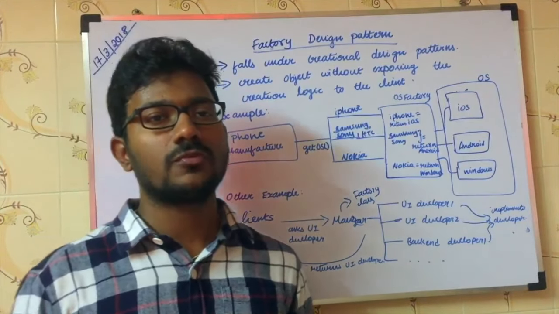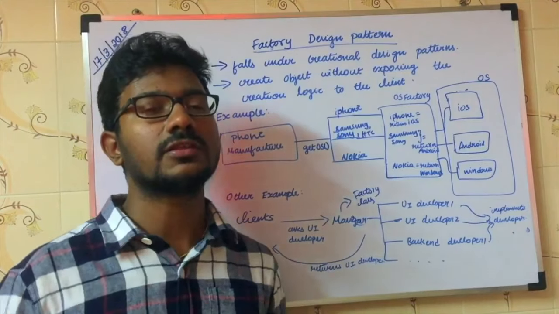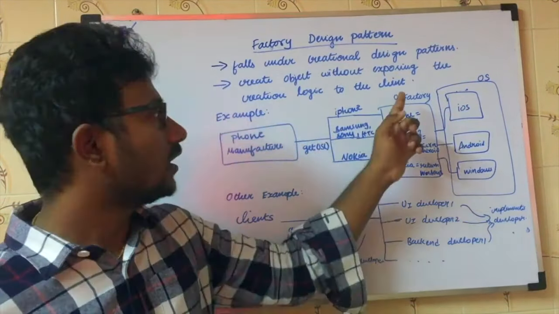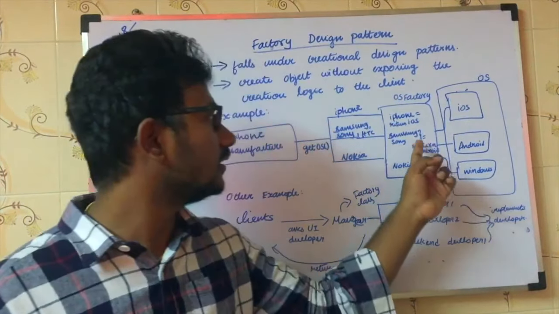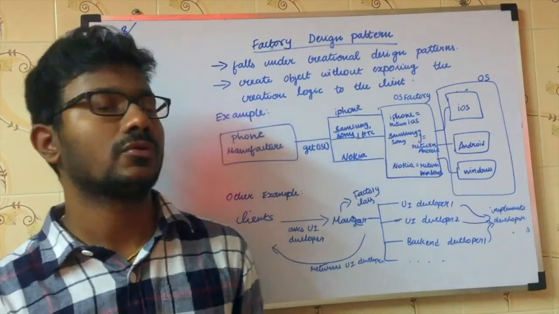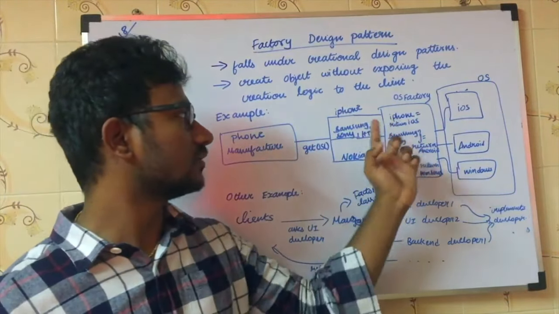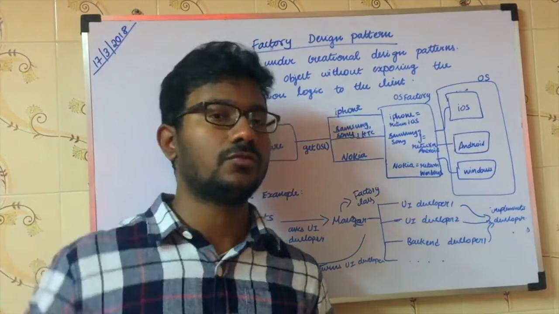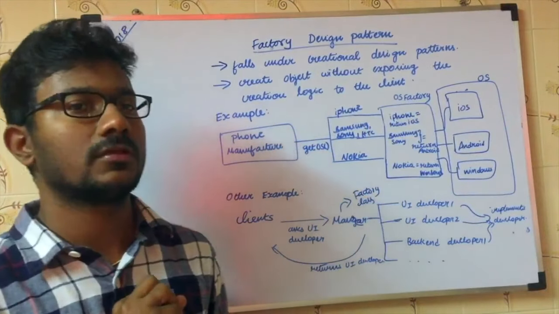The next time, the phone manufacturer approaches the OS factory and asks for an OS for a Samsung phone. The OS factory analyzes the request, and since it is Samsung, it returns the Android OS. Then the next time, he asks for an OS for a Nokia phone, and the OS factory returns the Windows OS.